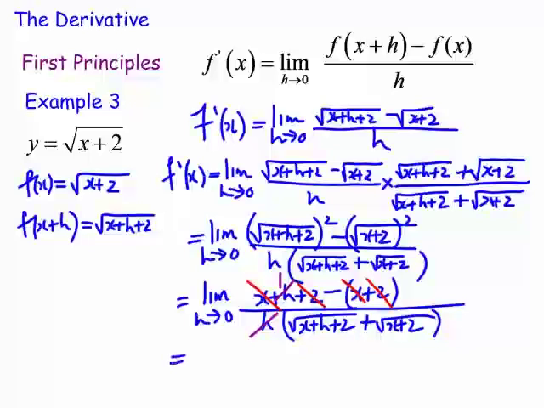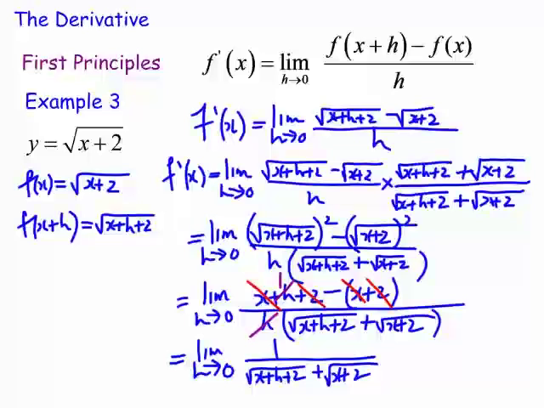Well, we're left with the limit as h goes to 0 of just 1 over this expression, which is the square root of x plus h plus 2 plus the square root of x plus 2. Now, as h goes to 0, that square root of x plus h plus 2 basically becomes another square root of x plus 2, and we have 2 of them on the bottom.